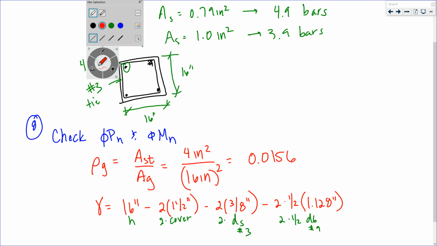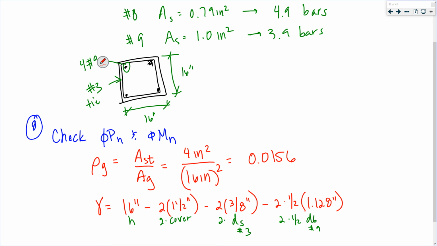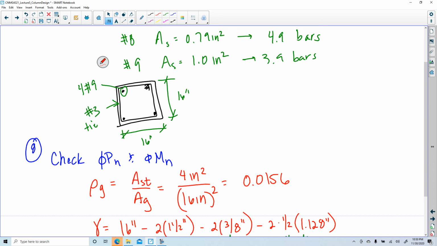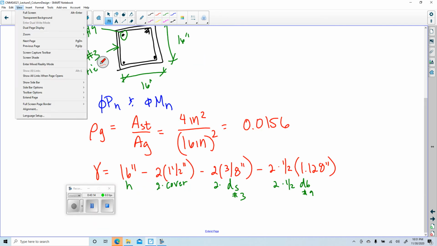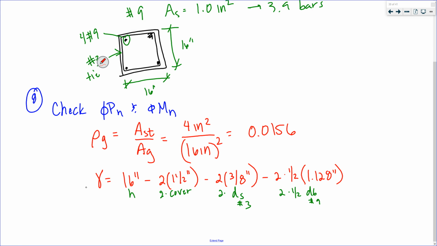Gamma, I'm going to divide that all by 16 inches to get my gamma.